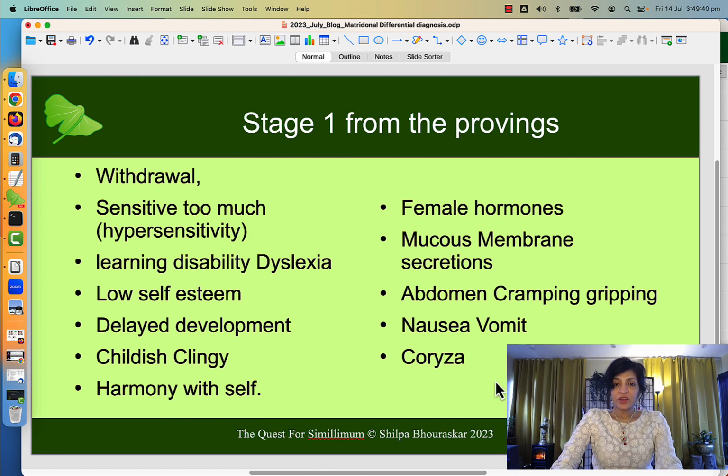And on the physicals, you have hormones as a big spectrum, right from puberty to menopause and pregnancy. Mucous membrane is another important part. Abdominal cramping and gripping, nausea, vomiting, and coryza. So especially allergic coryza. These would become the zone of what we get from our stage 1 probing information. So now let's see what happens at the physiological level.